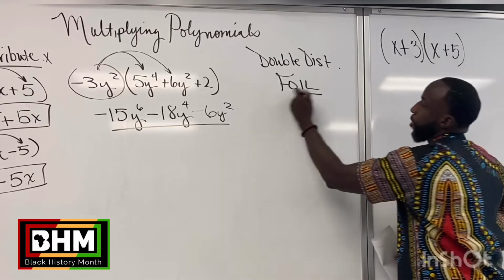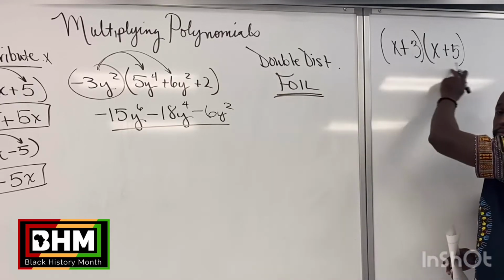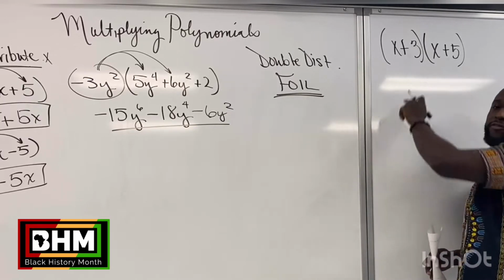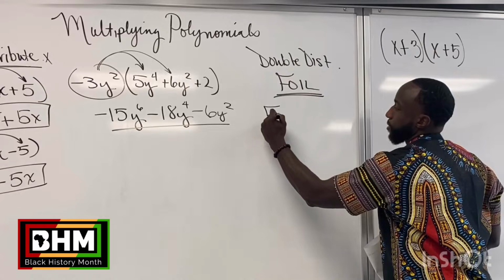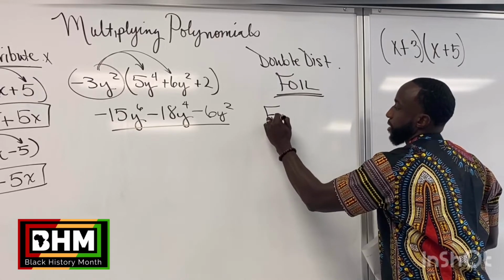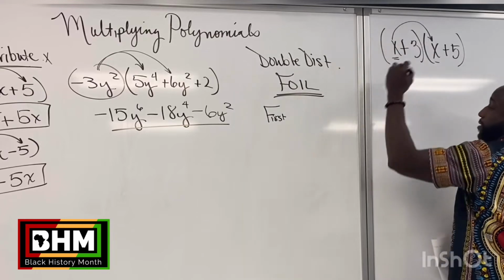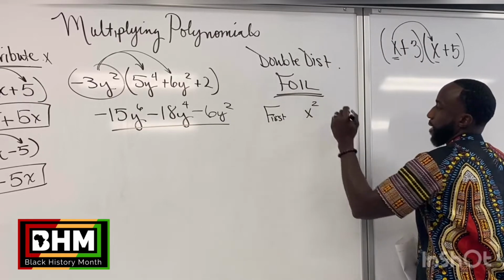FOIL is a mnemonic that helps you remember to multiply everybody. F means first: the first term times the first term. So it's x times x, which is x squared.